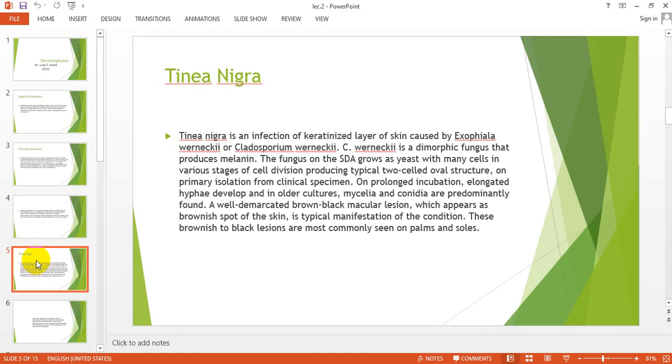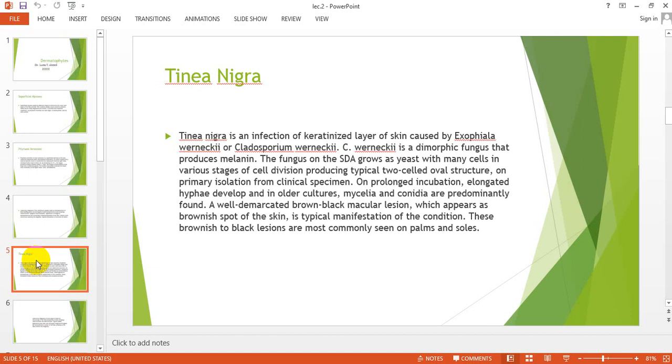The fungus on the SDA grows as yeast with many cells in various stages of cell division, producing typical two-celled oval structures. On primary isolation from clinical specimens, on prolonged incubation, elongated hyphae develop, and in older cultures, mycelia and conidia are predominantly found. Well demarcated brown black macular lesions.